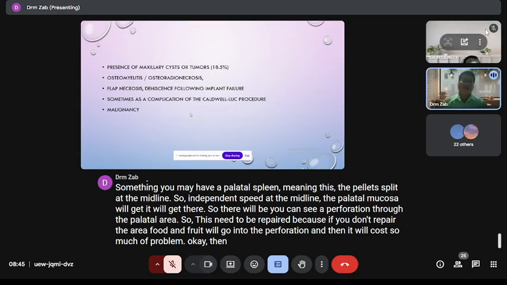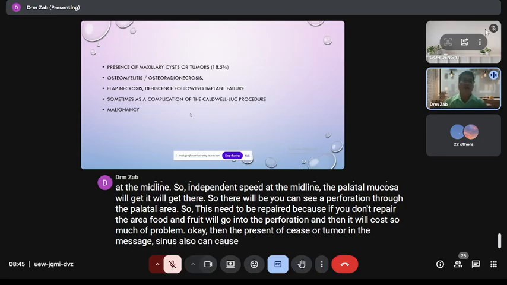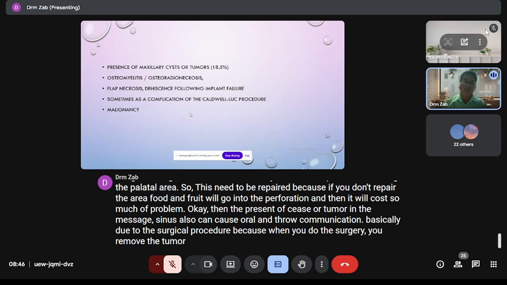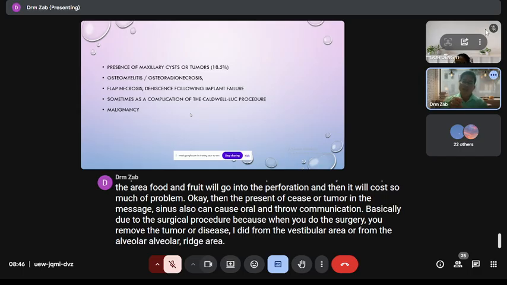Okay, then the presence of cyst or tumor in the maxillary sinus also can cause oro-antral communication. Basically due to the surgical procedure, because when you do the surgery, you remove the tumor or the cyst either from the vestibular area or from the alveolar ridge area.